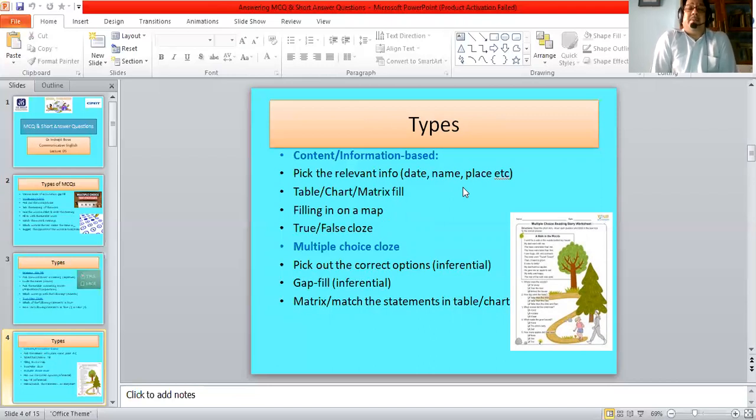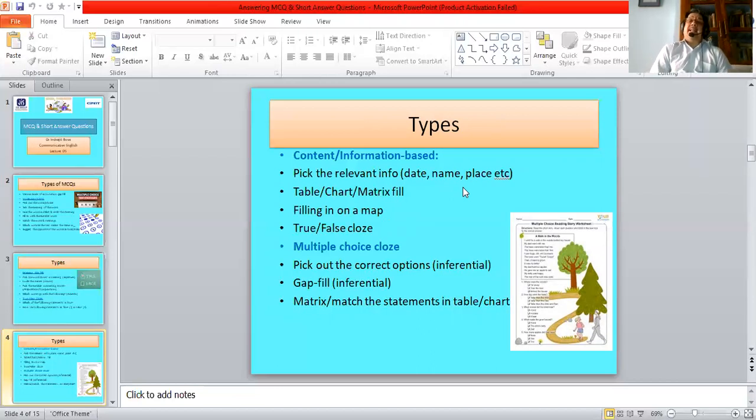Again, there can be a multiple choice clause, like picking out the correct options. Again, it can be used for inferential meaning or to guess the meaning from the content, or a gap fill, which is inferential, and a matrix or match the statements in table or chart, which again may be based on the content or it might be inferential.